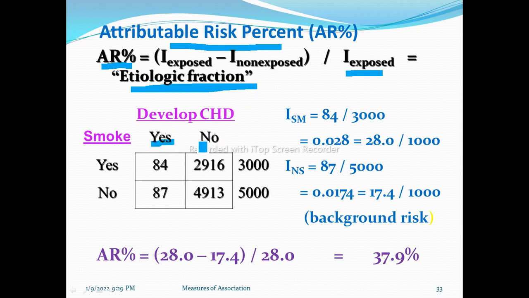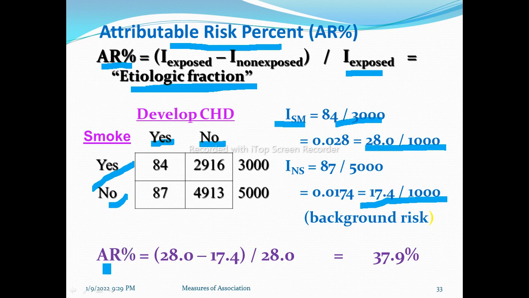So diseased, non-diseased, exposed, non-exposed. Incidence in the exposed group is 84 per 3000, so the incidence comes to 28 per 1000. Incidence in non-exposed is 27 over 5000, so it comes to 17 per 1000. It's the background risk.